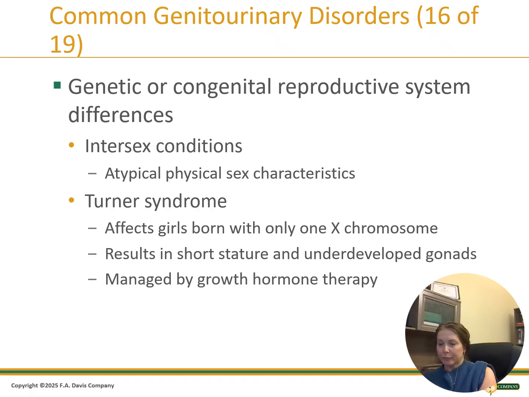surgeries in infancy. And Turner syndrome, that is going to be a chromosomal condition that affects girls born with only one X chromosome. So clinical features of this, they'll have short stature, underdeveloped gonads and ovaries, and this will often result in infertility and lack of spontaneous puberty.